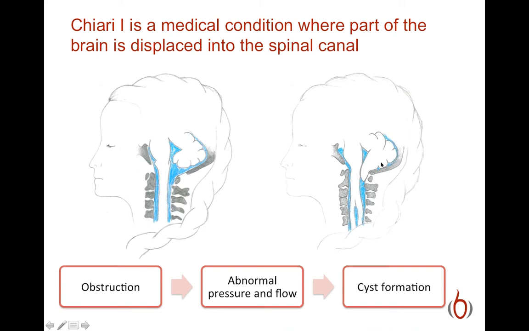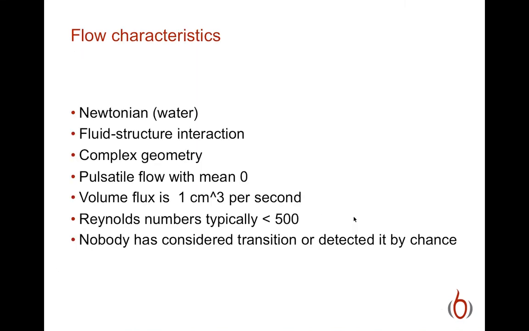What we got interested in was the fact that a lot of Chiari patients also develop cysts further down, and that seemed to us as a sort of mechanical problem. That is why we started to look into this, together with Vic Haughton.